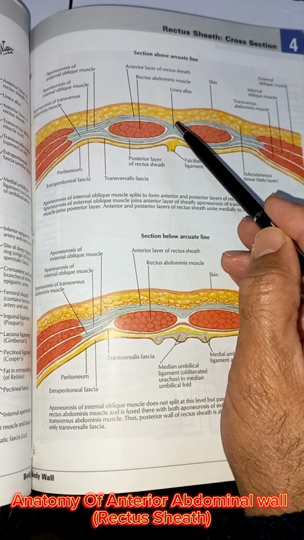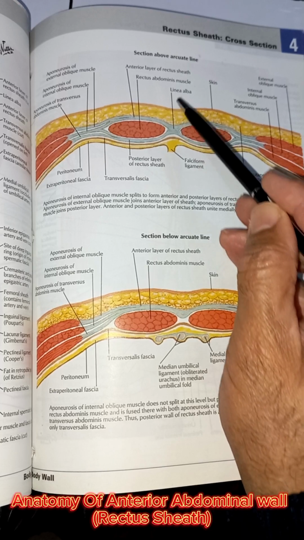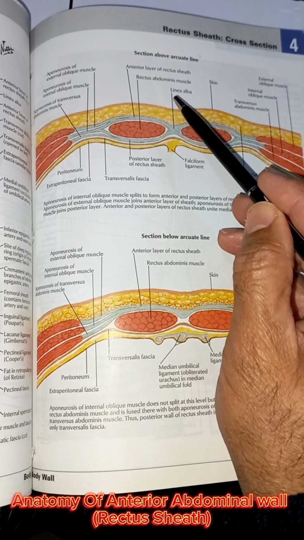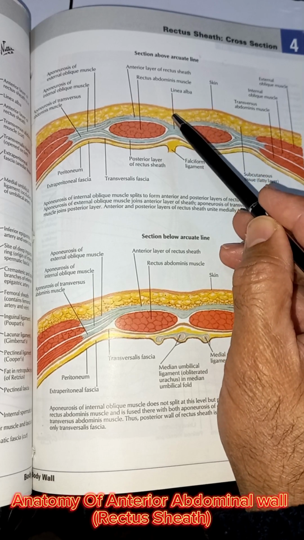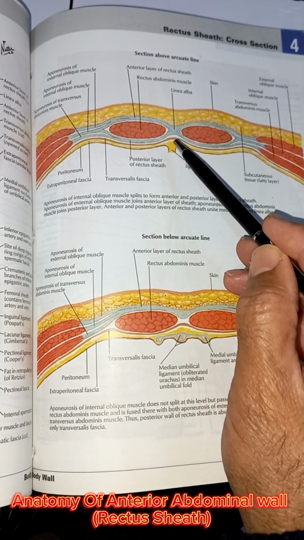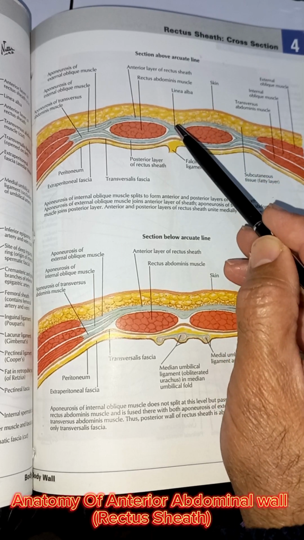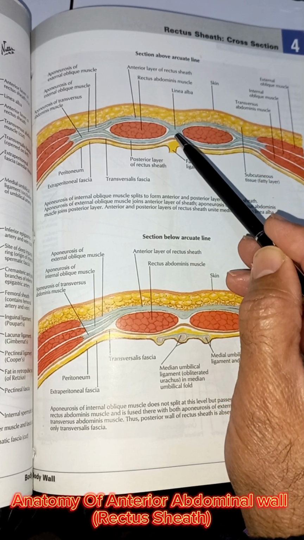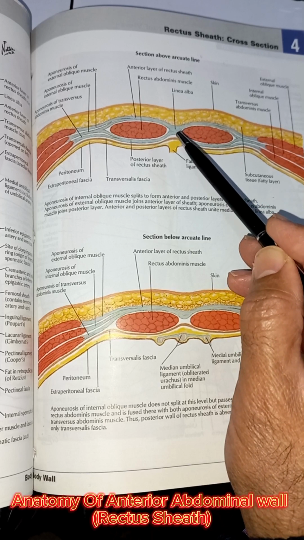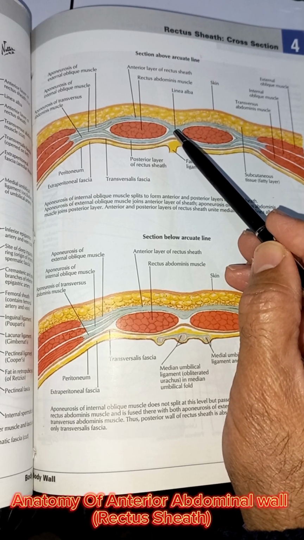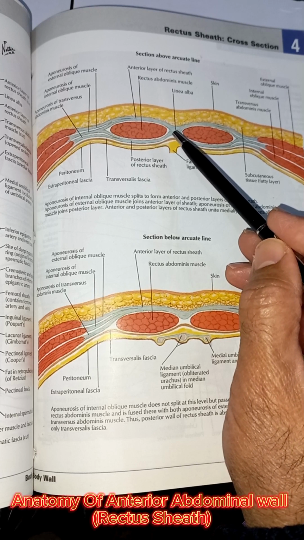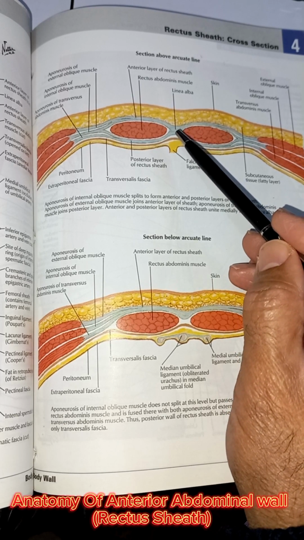Usually, when we do laparotomy, we make an incision in the midline and we divide the skin, subcutaneous tissue, then the linea alba, because it is a bit avascular, so less bleeding occurs.